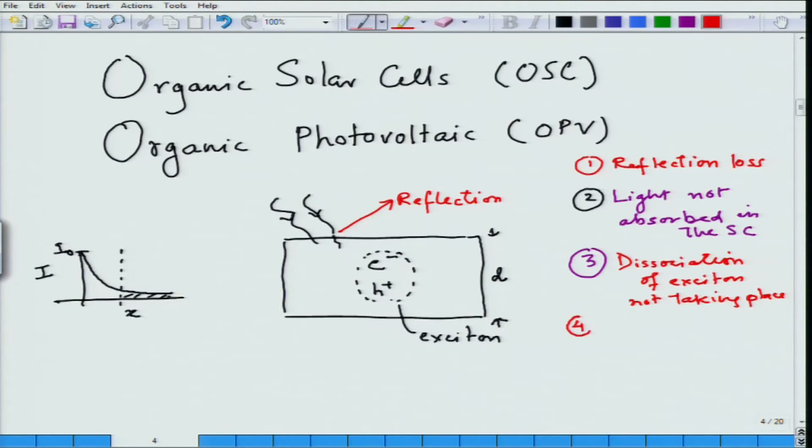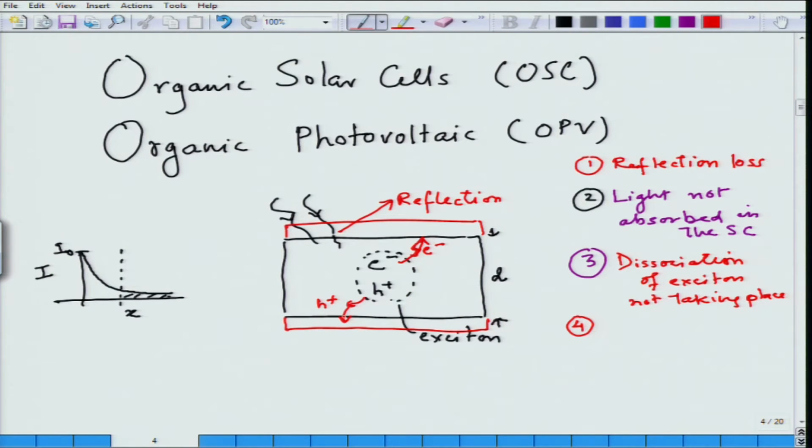The next one would be, once these electrons and holes become free and the exciton is dissociated, these electrons and holes have to be collected at the two respective electrodes. So, let me mark the electrodes on this organic solar cell, one side where electrons are being collected, and on the other side the holes are being collected.